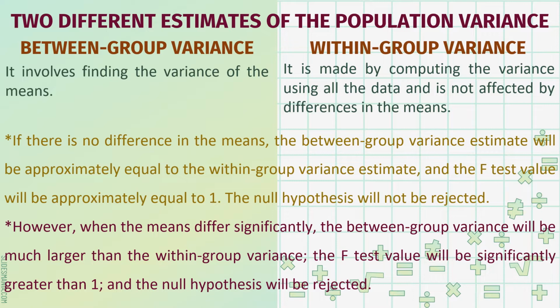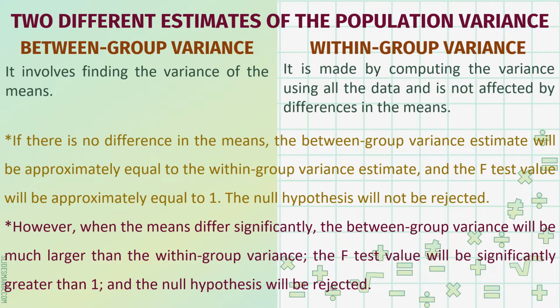And also, the null hypothesis will not be rejected. Yung null hypothesis na nagsasabi na yung mga means ay equal will not be rejected. Kasi nga, wala siyang significance. So, meaning, totoo yung null hypothesis na equal ang mga means since there is no significant difference among them.